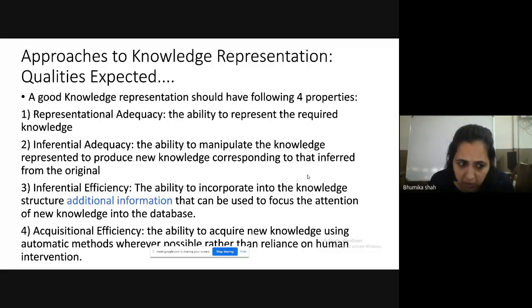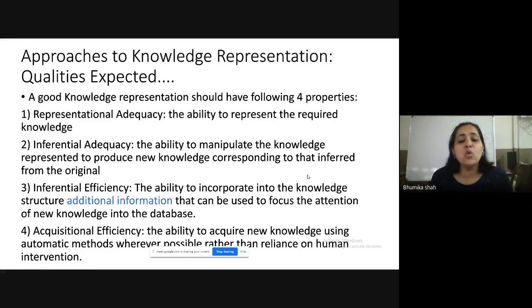Is it clear, everyone? In point number 2, we are talking about inferring as much information as possible. And in point number 3, we are talking about whatever inferred knowledge there is, it should be efficiently stored and added to your original knowledge base. Okay, going to the next quality, acquisitional efficiency.